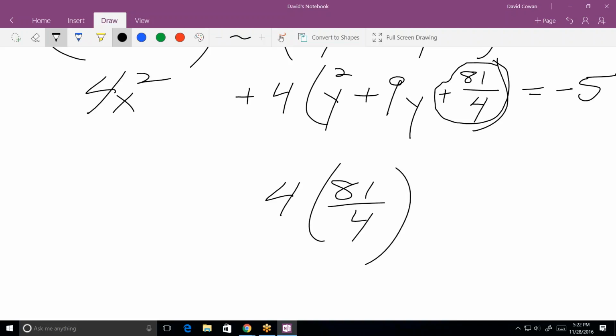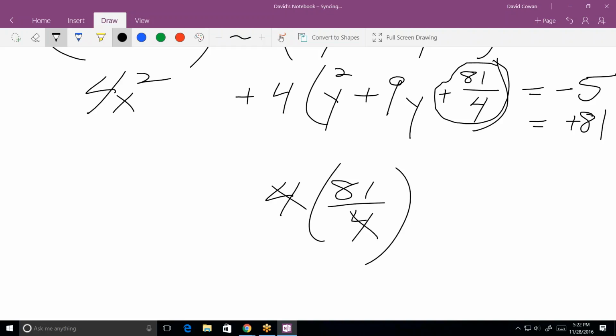So it just becomes 81. So I have to balance it on the other side by adding 81, because I just added 81 to the left. And you don't want to do this by doing 324 divided by 4. You want to do it that way.